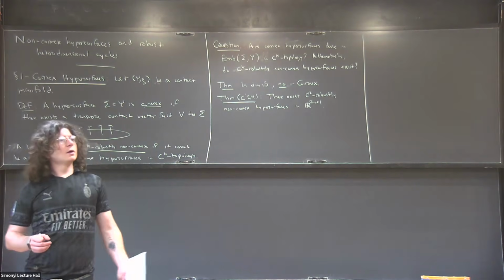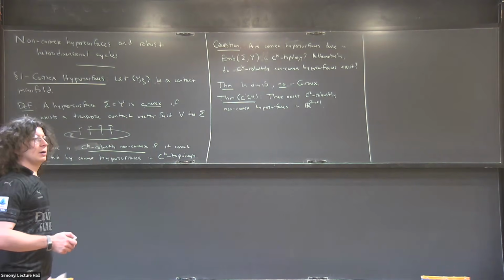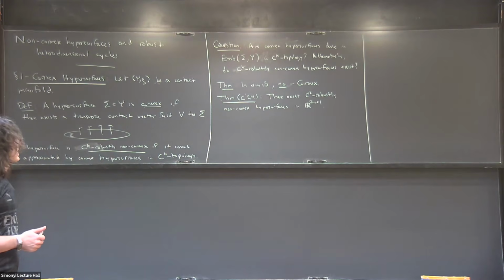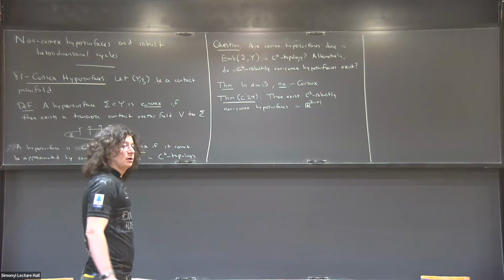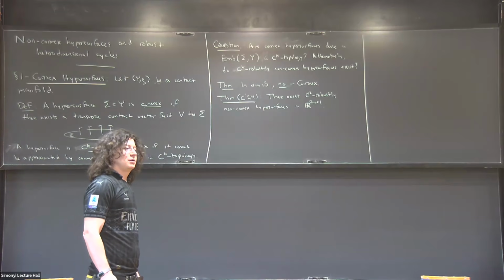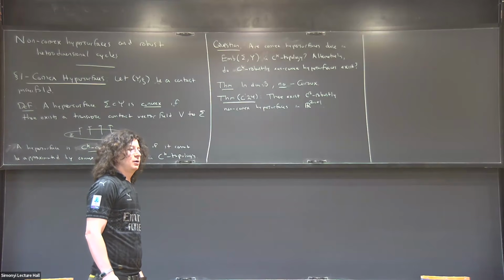So it gets easier to be robustly non-convex as K increases. Yes, so being C2 robustly non-convex is stronger than being C3. In the C2 theorem, that definitely implies the C1 or C0 theorem. Or I mean, the C0 theorem is actually false.